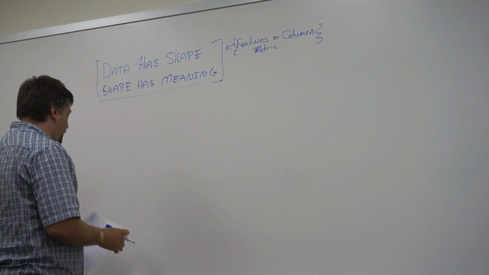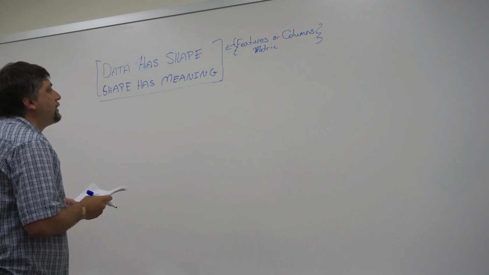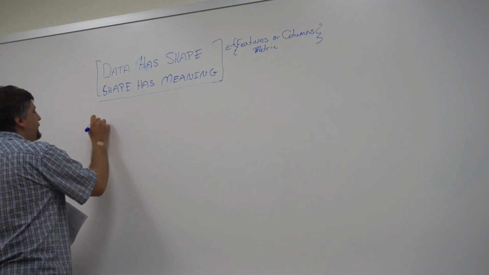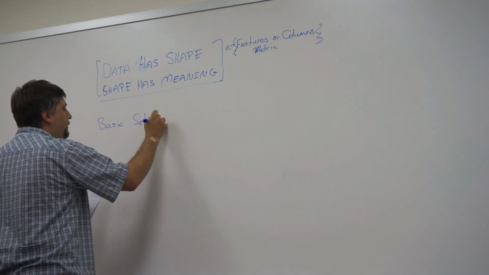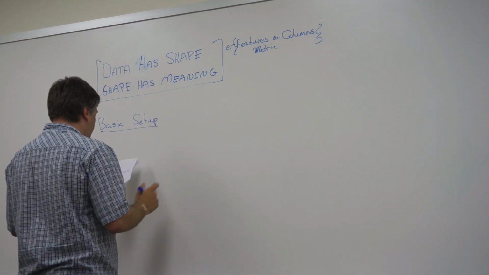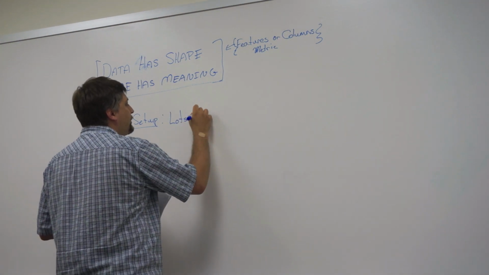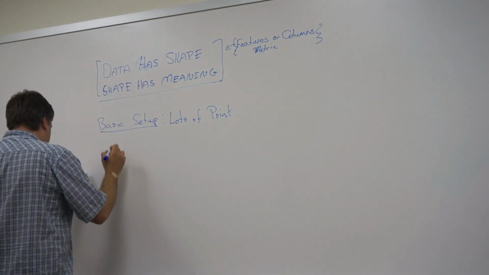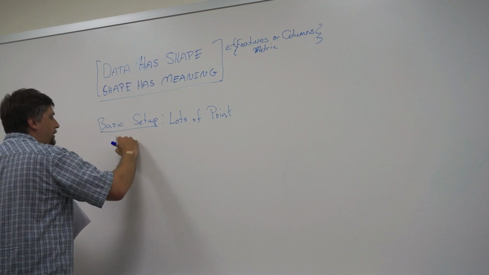All right, so how do we extract meaning from the shape once we have it? The basic setup is something we're all familiar with. We have lots of points, this is big data, and the points have lots of features, or another way of thinking of that is high dimension.